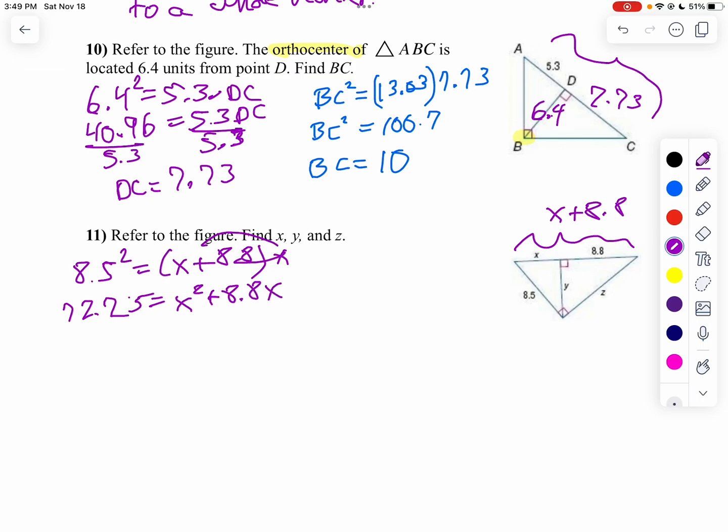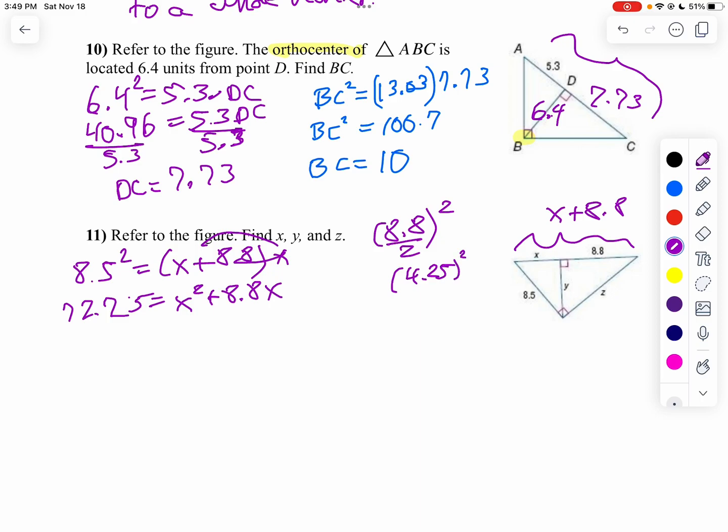Now that's a quadratic, but factoring it kind of goes out the window because of all those decimals. Let's complete the square from Algebra 1. So if I take half of 8.8 and I square that, I'll get 4.4 squared.